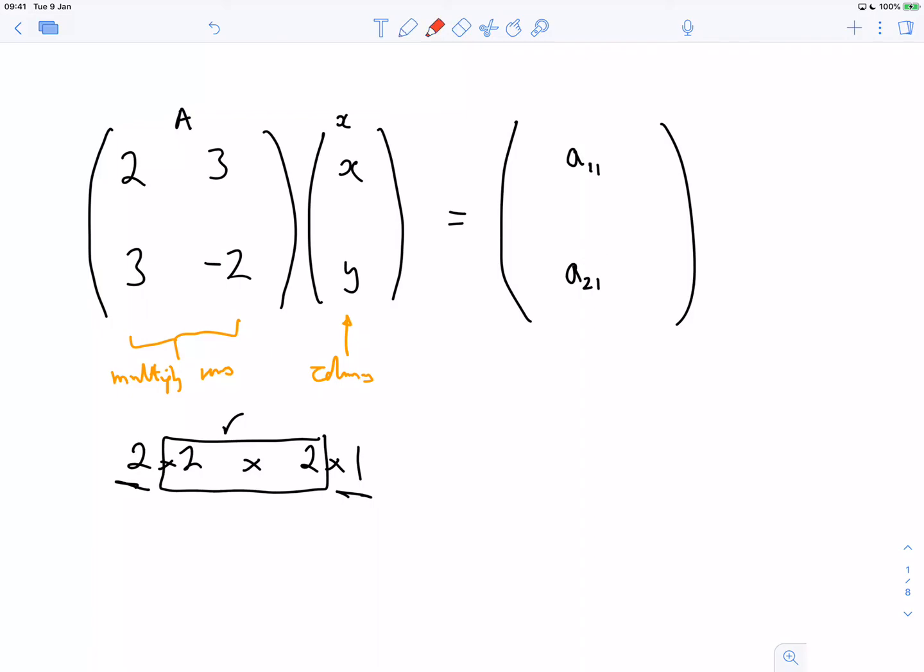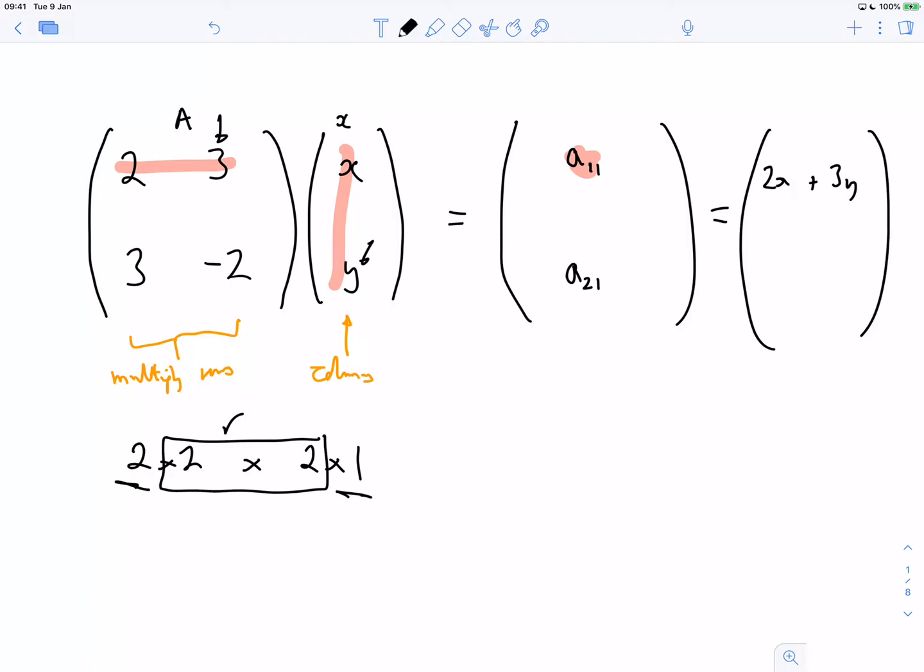Now what I do is I do first row, first column to get the first row, first column entry in my matrix. It's very simple. I just multiply them individually and then add as I go along. So I've got 2 times x, which is 2x, plus the next one along, 3 times y, so plus 3y.